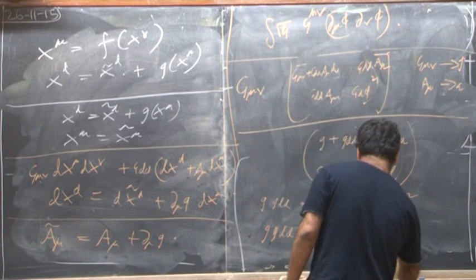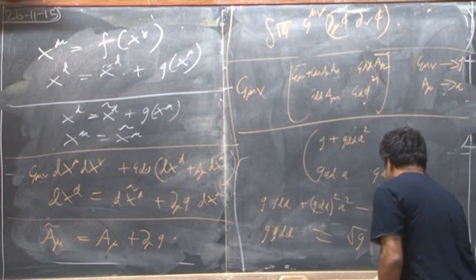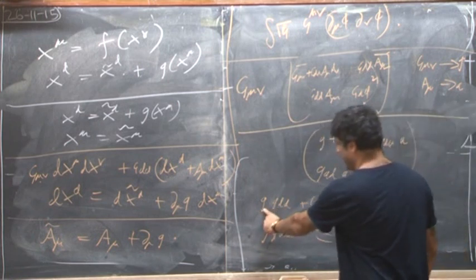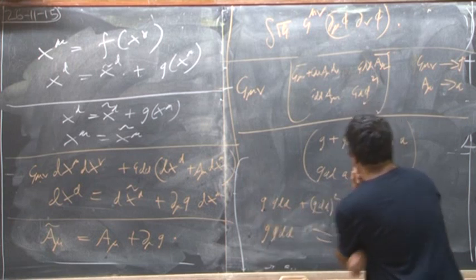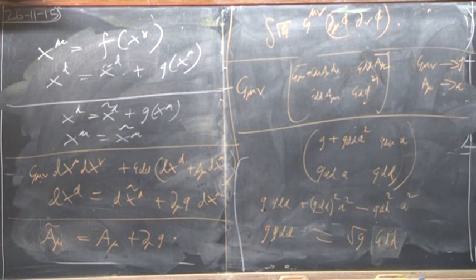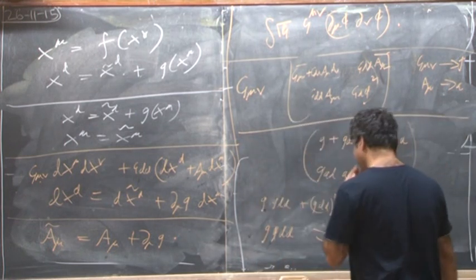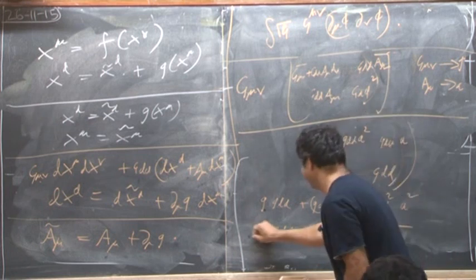Square root G times G_DD. Because G was just y squared, right? Yeah, it's because I want the generalization of square root G. Okay.